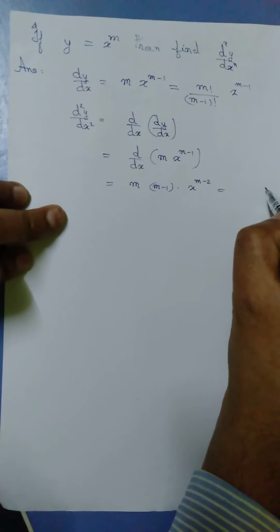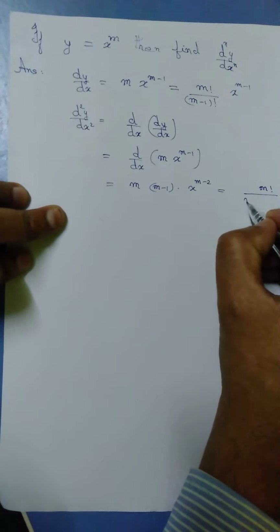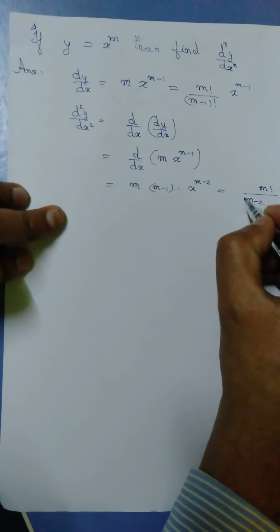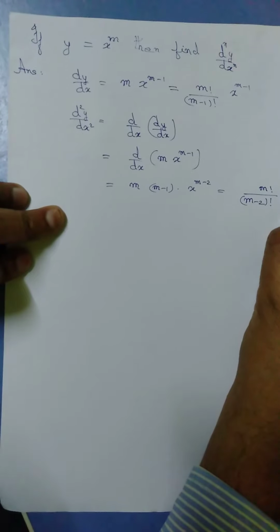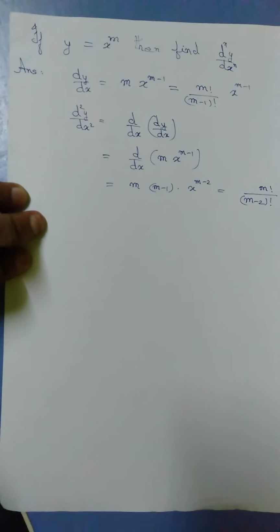That we can write as factorial m by factorial m minus 2 x to the power m minus 2.